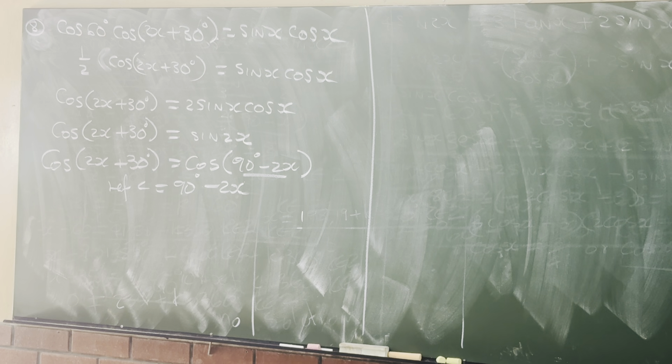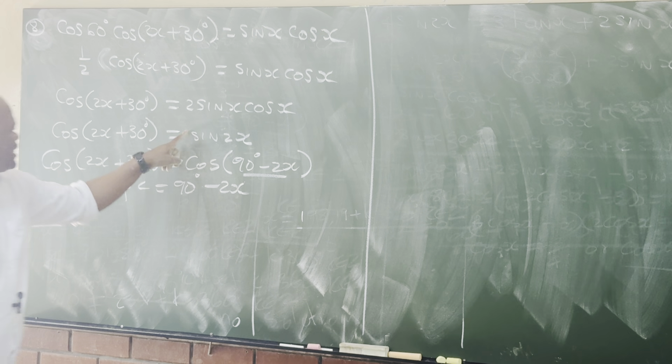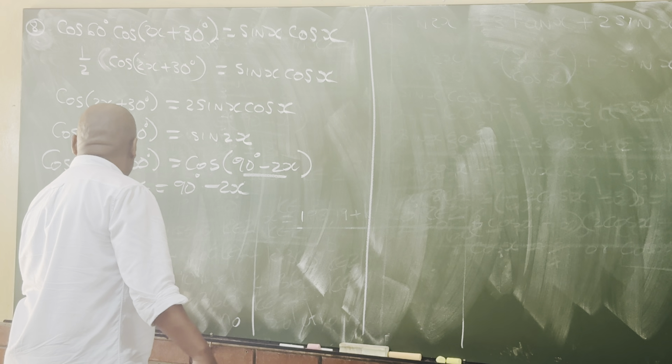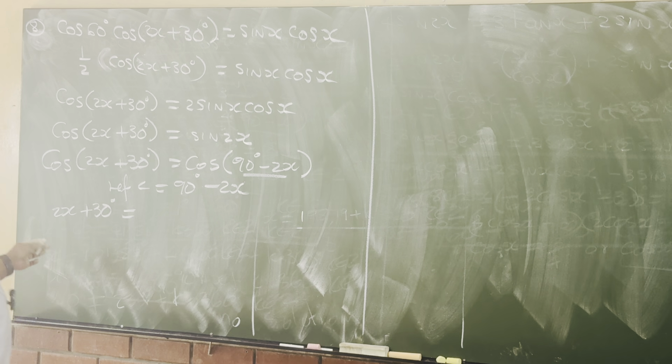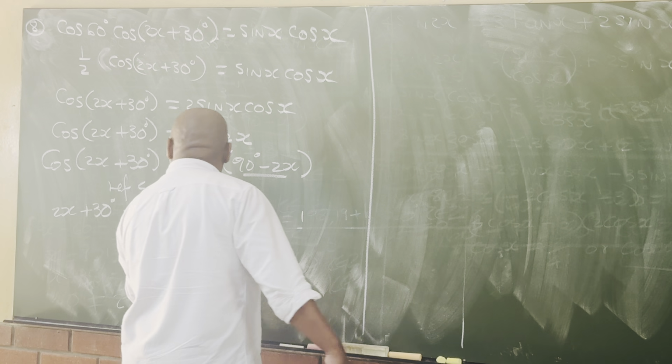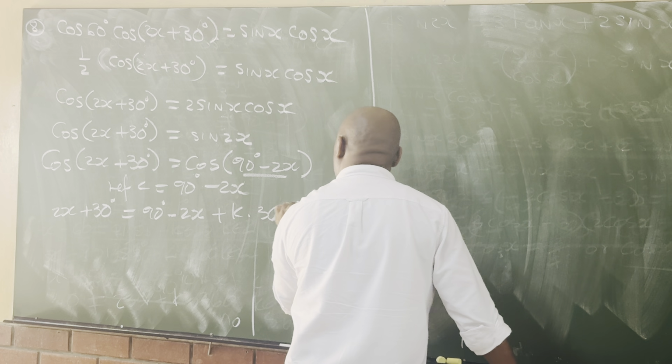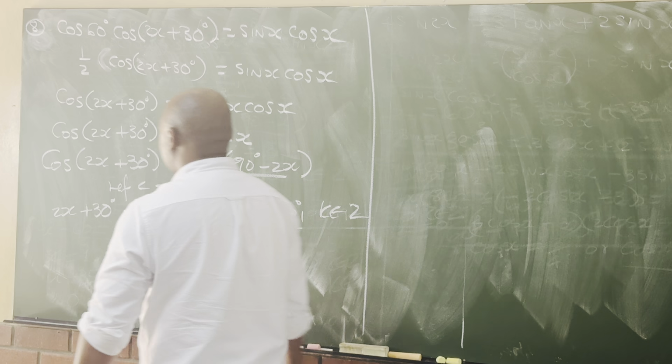And then from here, we solve. This is the first quadrant where cos is positive. Okay, so we say 2x plus 30 is equals to 90 minus 2x plus k times 360, where k is an element of integers.